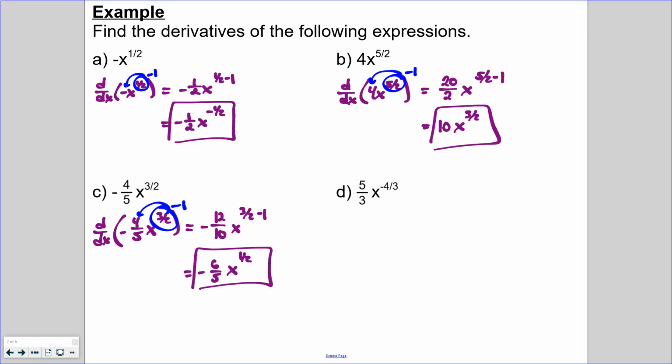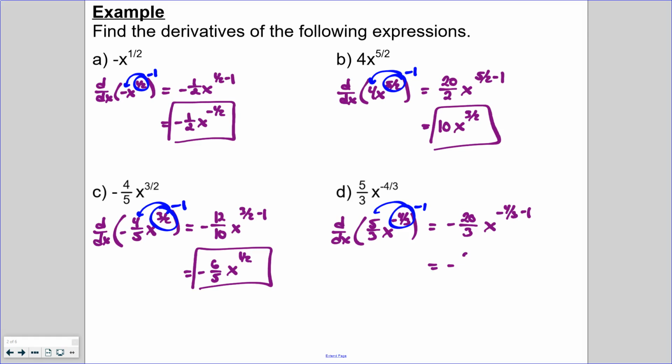And then finally, letter D, we want to come in and take the derivative of 5/3 x to the negative 4/3 power, and just like the other 3, multiply the exponent by the coefficient and subtract 1. So this is going to simplify to be, let's see, negative 5/3 times negative 4/3 will be negative 20/3 x to the negative 4/3 minus 1.